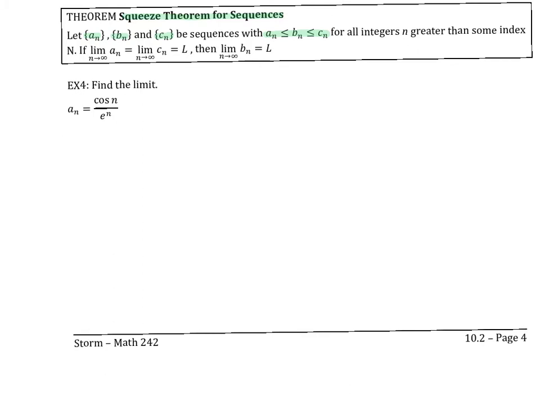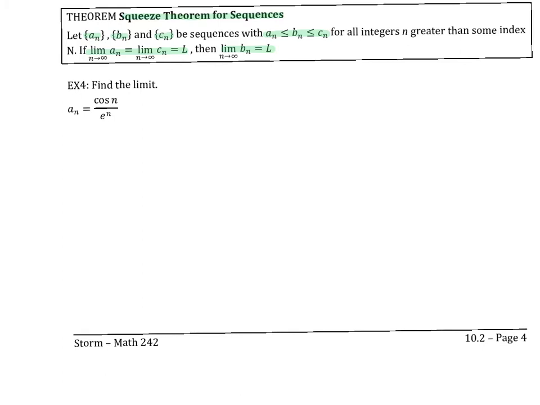If we take the limits of the outer sequences and they're equal to some limit L, then that squeezes, or forces, the middle sequence to also have a limit of L.